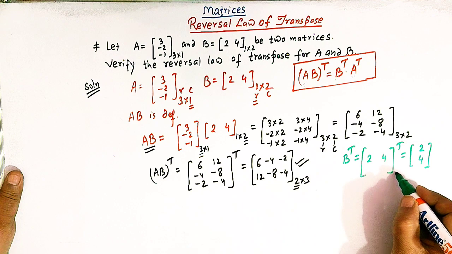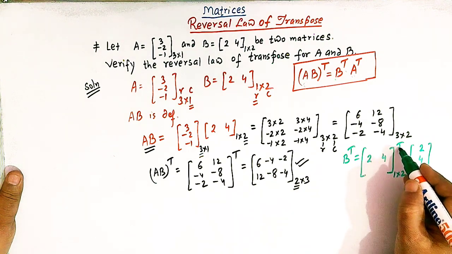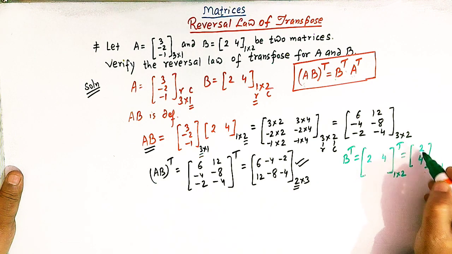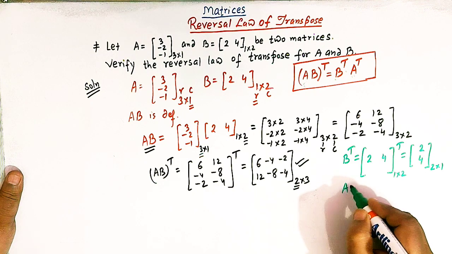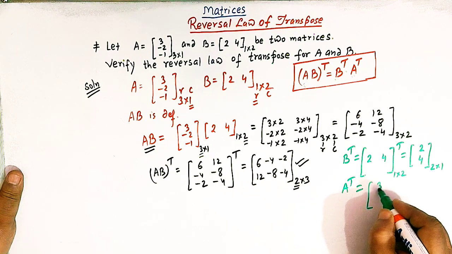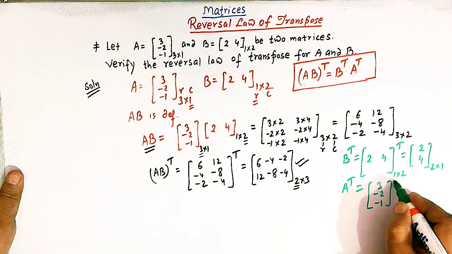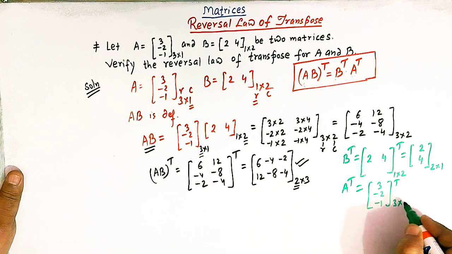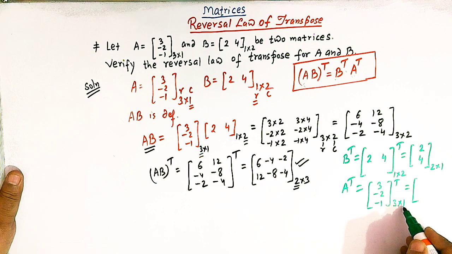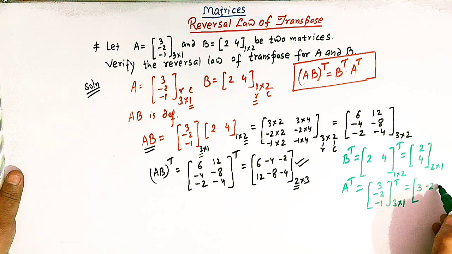Because here we have 1 cross 2 matrix, the transpose becomes the 2 cross 1 matrix, that is 2 rows and 1 column. And similarly, the transpose of the matrix A is given by 3, minus 2, minus 1 transpose, and here we have 3 cross 1 order. So now the transpose gives us 1 row, that is 3, minus 2, minus 1, and 1 row and 3 columns. So the order is 1 cross 3, right?